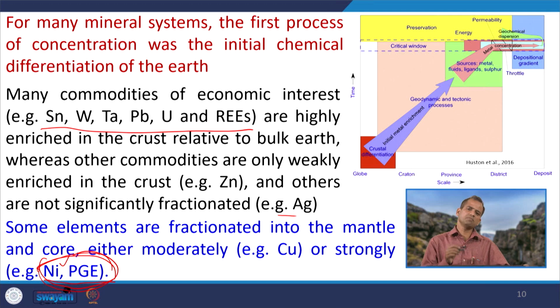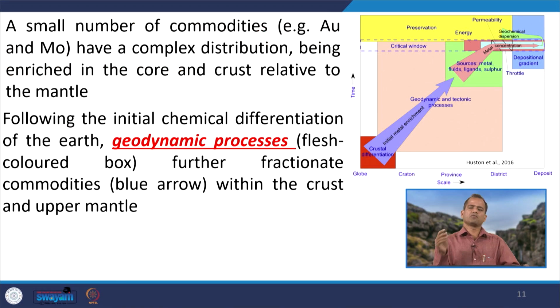So, now we need a process, that process has to track these minerals and these minerals should come near to the crust. So, that process is driven by the tectonic forces, and a small number of commodities like molybdenum and Au have complex distribution, being enriched in the core and crust relative to the mantle.